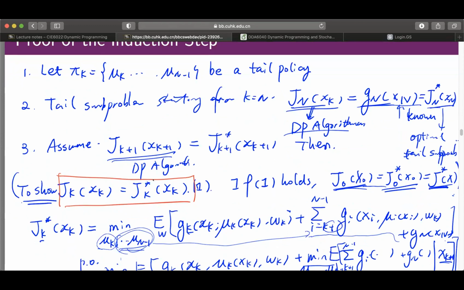And then we'll prove it using induction. We assume J_{k+1}(x_{k+1}) is just equal to the optimal cost J*_{k+1}(x_{k+1}). One is solved from the DP algorithm and the other is the optimal cost; these are different things, but we assume that these two are equal.